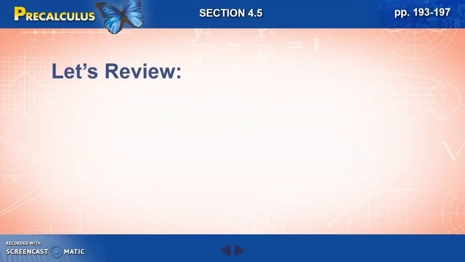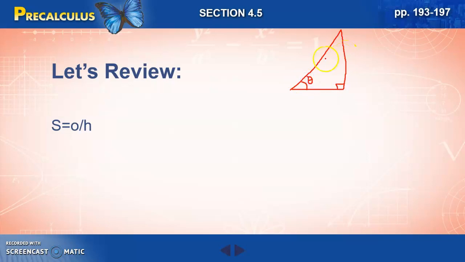So let's take a quick review, a quick stroll down memory lane, and hopefully you remember our three trig ratios. I'm just going to abbreviate them here. But when we are looking at a right triangle, let's say we're looking at this right triangle, sorry, right here. We're going to say it's a right triangle, and we are trying to solve this right triangle.